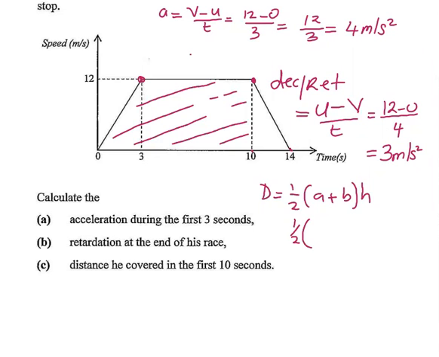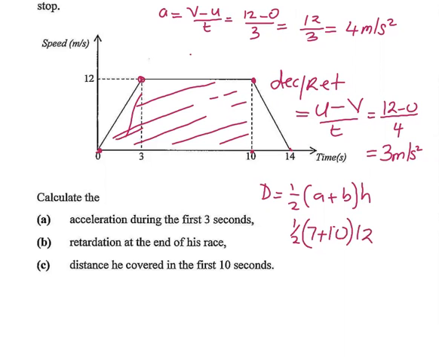This is going to give us 7, plus B, from this point to this point here, because we are looking at this whole thing here. So it's going to be 10. And then the height here is 12.